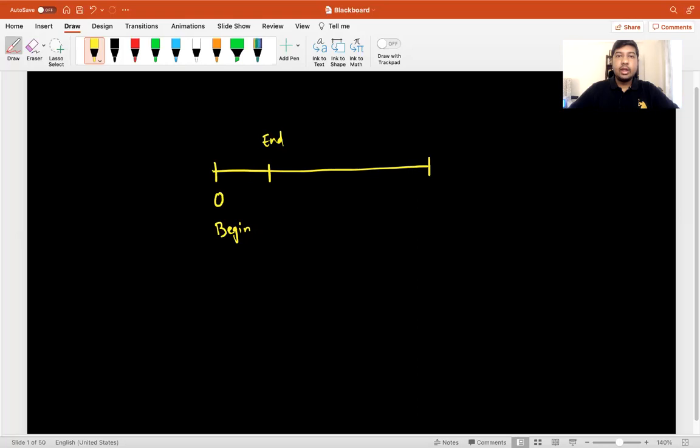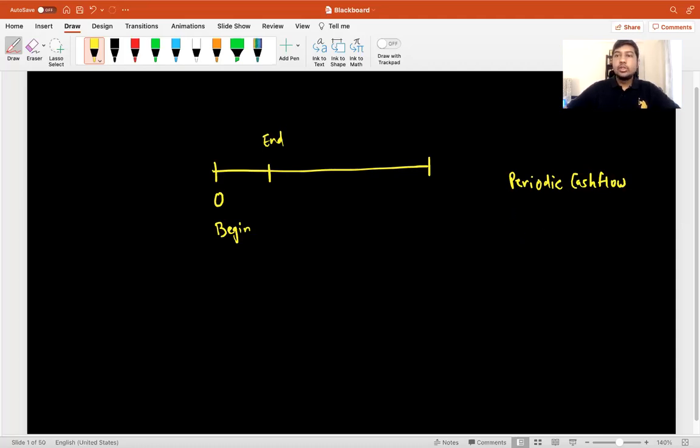So this begin or end depends upon the periodic cash flow. Okay, what is a periodic cash flow? Something that is recurring in nature. Now, this cash flow can be an inflow, the cash flow can be an outflow, it can be anything.